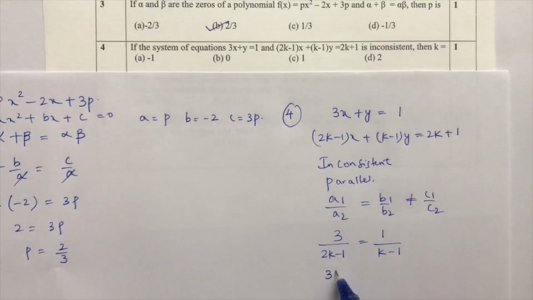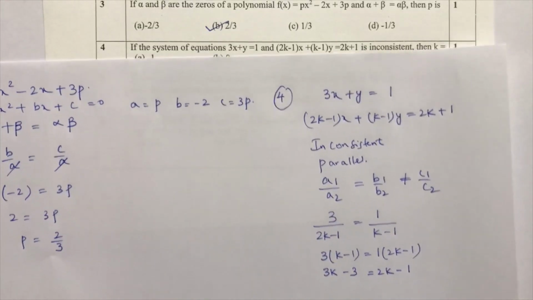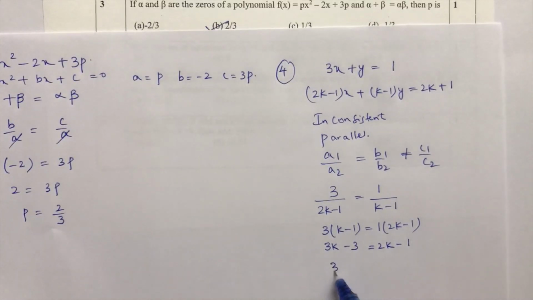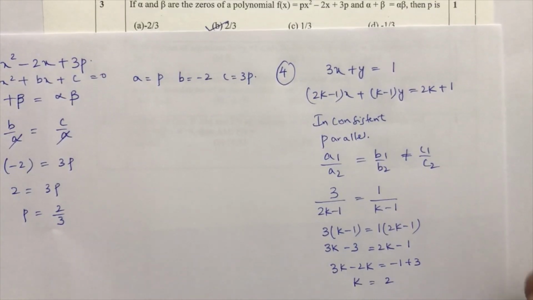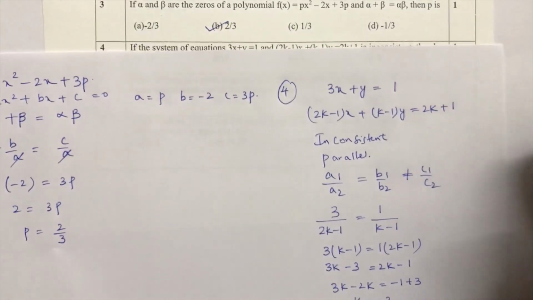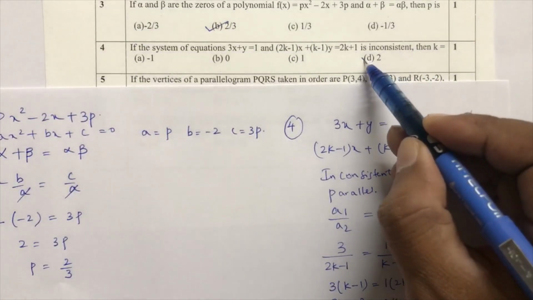Cross multiply: 3 times k minus 1 equals 1 into 2k minus 1. So 3k minus 3 equals 2k minus 1. If you simplify further, 3k minus 2k equals minus 1 plus 3. So k equals 2. So the value of k is 2. The correct option is D.